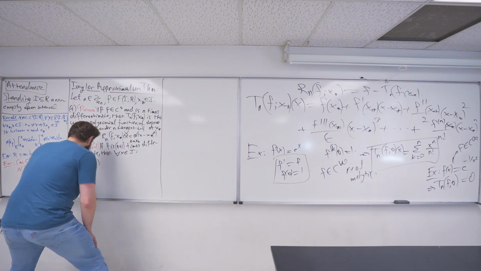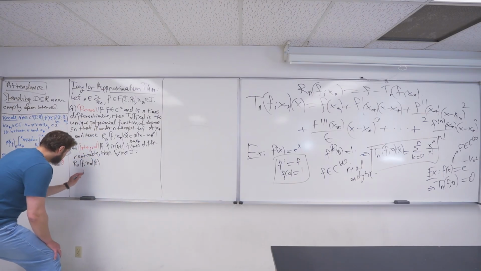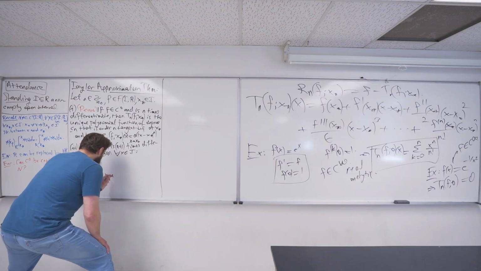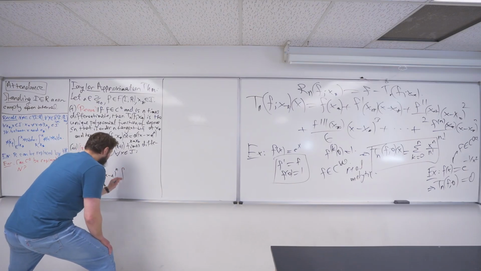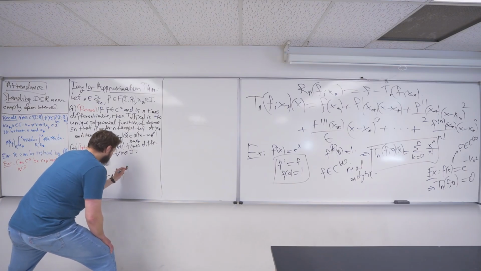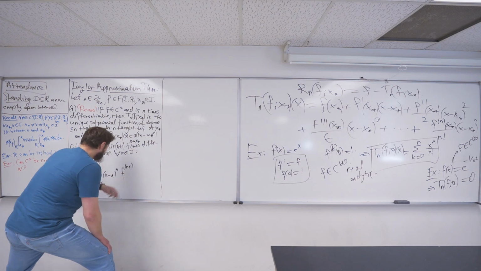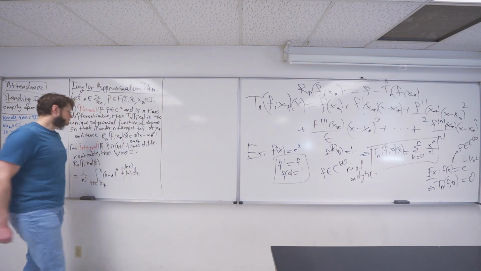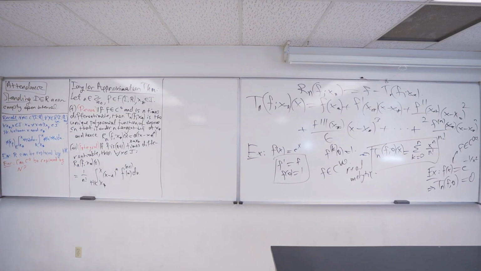This is not very easy to remember initially, but there's a pattern. So x minus u raised to the power n, f differentiated n plus 1 times of u, du. So that's the integral form.